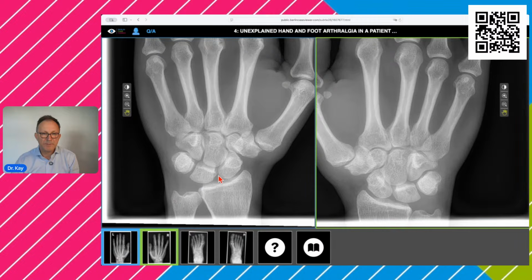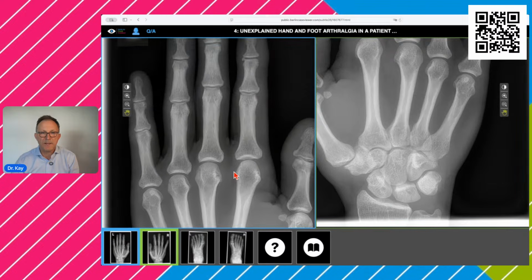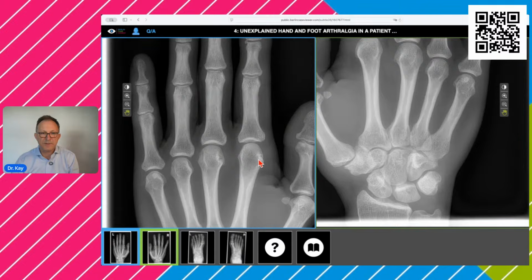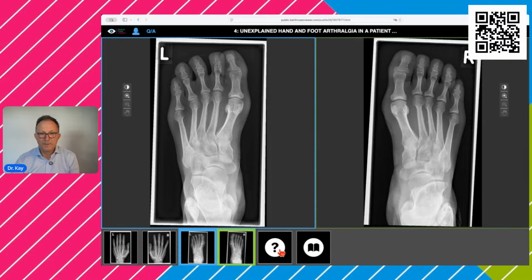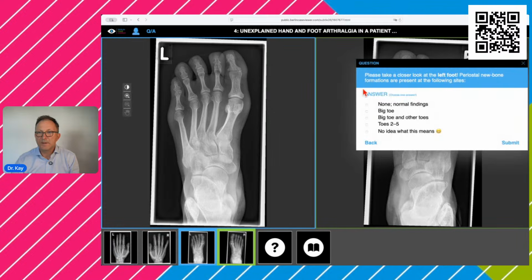Maybe joint space between the lunate and the scaphoid a little bit extended. Maybe also smaller cysts, but no calcification. So I would say this is more or less a normal hand X-ray, except these cystic changes here on the left side. Now looking at the feet, the question is, please take a closer look at the left foot.